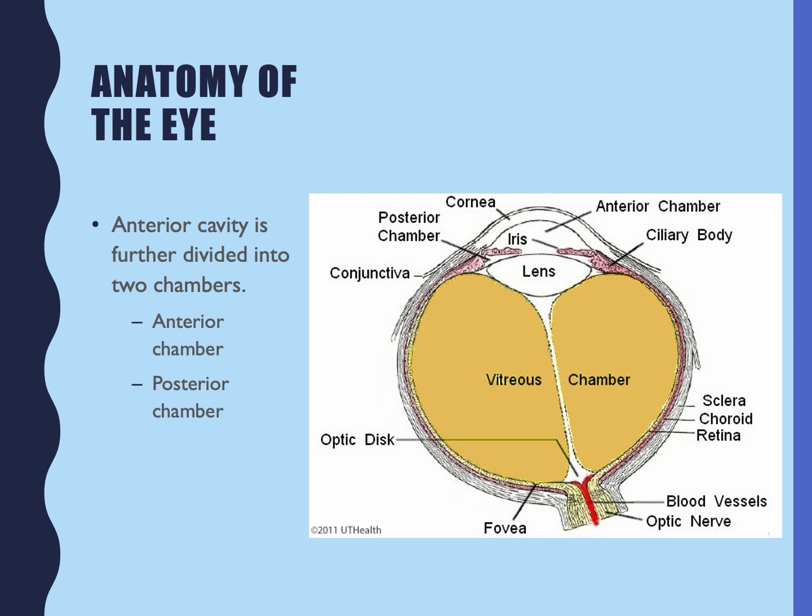So as I mentioned previously, the anterior cavity has two chambers, an anterior and posterior chamber, and both of those are filled with the aqueous humor. The anterior chamber, which you see circled in blue, is posterior to the cornea. Can you see that it's behind the cornea, but it is in front of the iris?